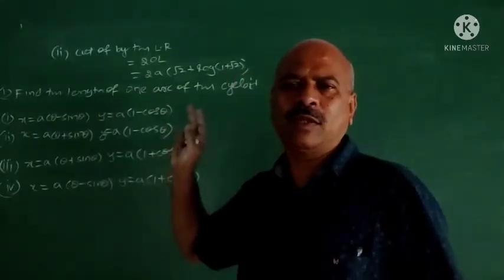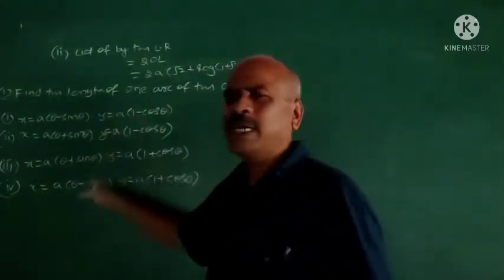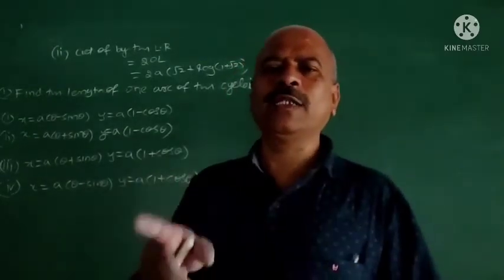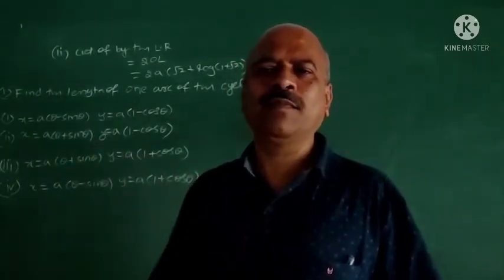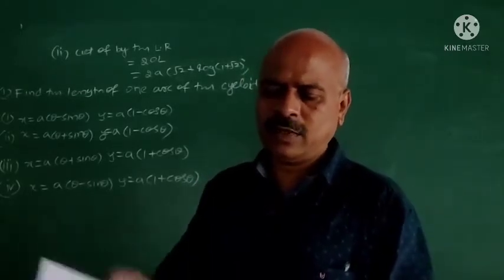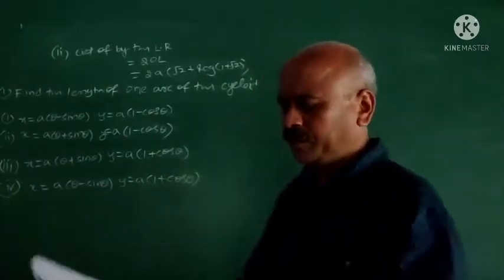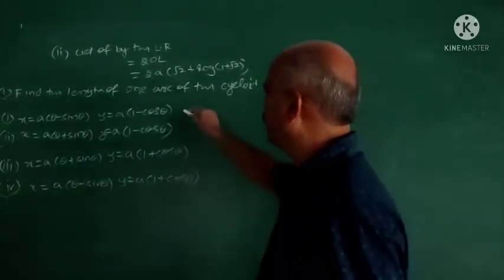We consider one arc of these cycloids, and in all the 4 cycloids, if you take only one arc, that length is the same. The length is, I remember, 8a. If I remember correctly, the length is 8a. Yes. Now, what is this cycloid?